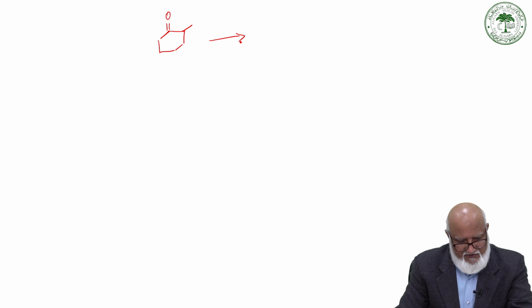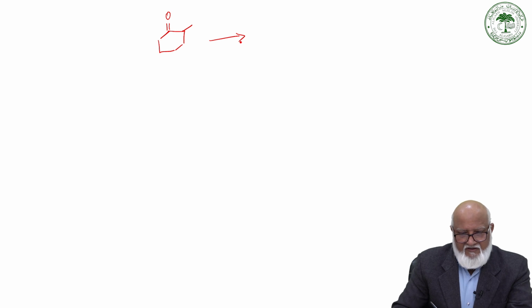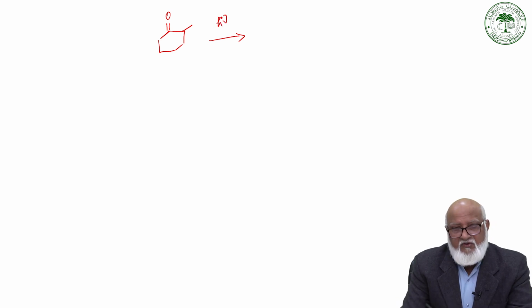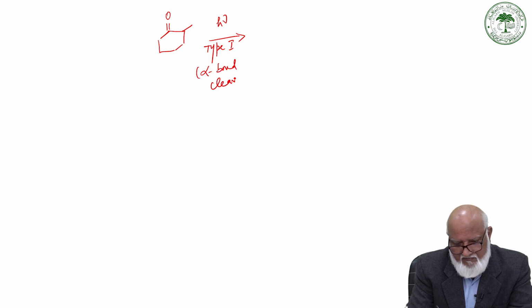Say for example, this one. This is also in principle, under photolytic conditions, if we shine light, going to undergo a Norrish type 1 reaction, which involves alpha bond cleavage.